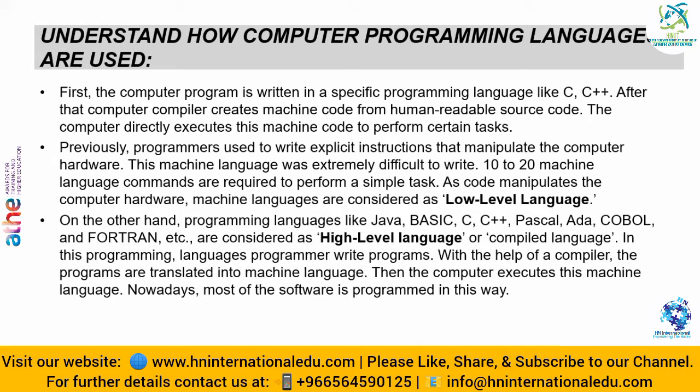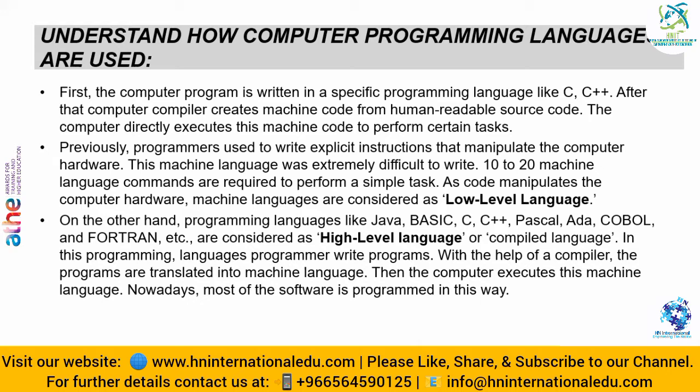That was very difficult for a human to remember. Just to click a button, we have to write 10 to 20 machine language commands, the lines. So that was very difficult.